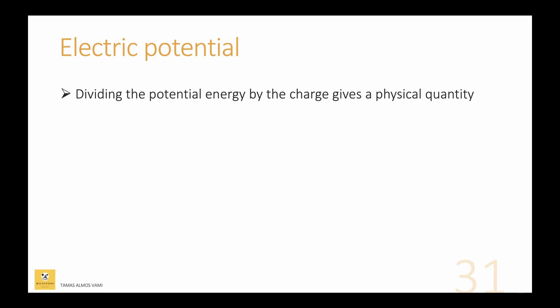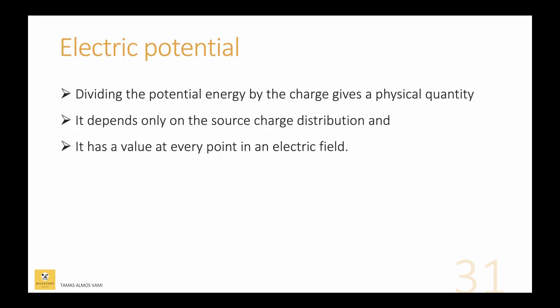So we were discussing potential energy so far, and when we divide this potential energy by the charge, it gives us a physical quantity which depends only on the source charge distribution, and it has a value at every point in an electric field.